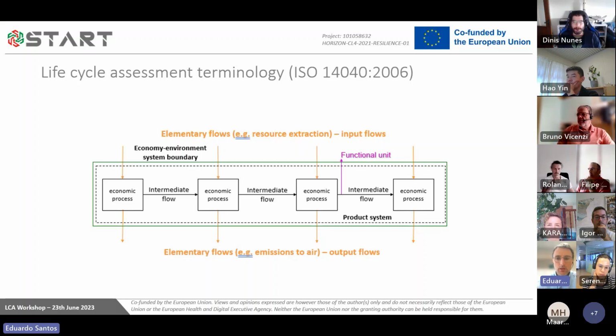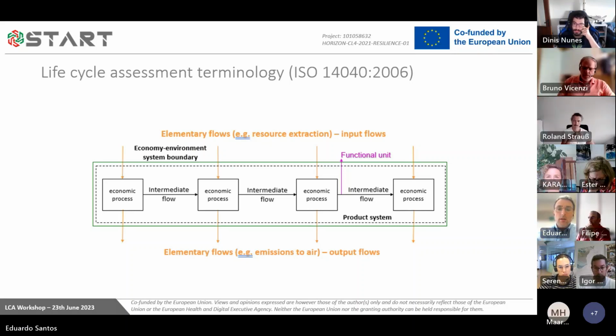There is a conceptual boundary between those two systems, and we account for the exchanges that go across that boundary: the inputs, mass, radiation, heat, energy, and also the outputs, what goes out from the product system to the environmental system. Most important, we have to connect or interrelate those exchanges between the product system and the environmental system via a functional unit.